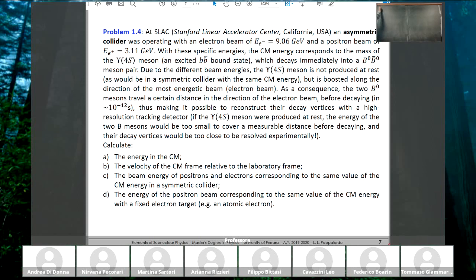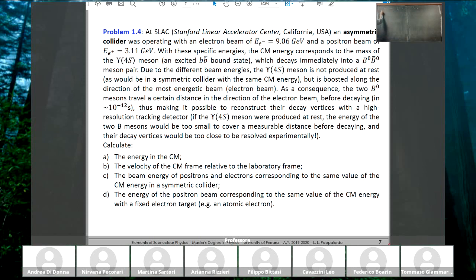Let's start with the first answer, which is about the energy in the center of mass. In the laboratory frame, we have the 4-momentum of the electron, which we call P minus, given by the energy and the 3-momentum of the electron. And the 4-momentum of the positron, P plus, is given by its energy and 3-momentum.